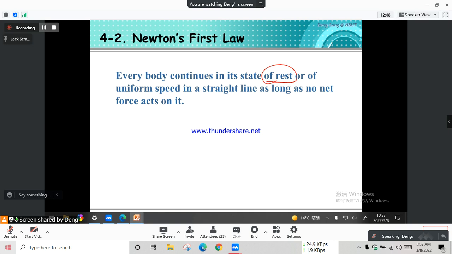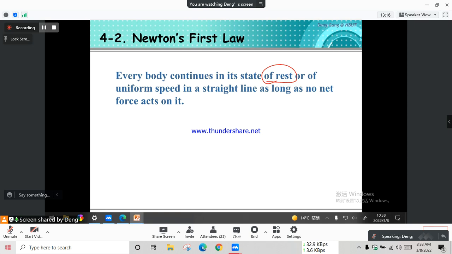But they didn't agree with the second part. It can keep moving uniformly in a straight line with uniform speed when there's no force on it. Because they believed, okay, if I do not push it, it will not move. If I let it move with constant speed in a straight line, I must push it.